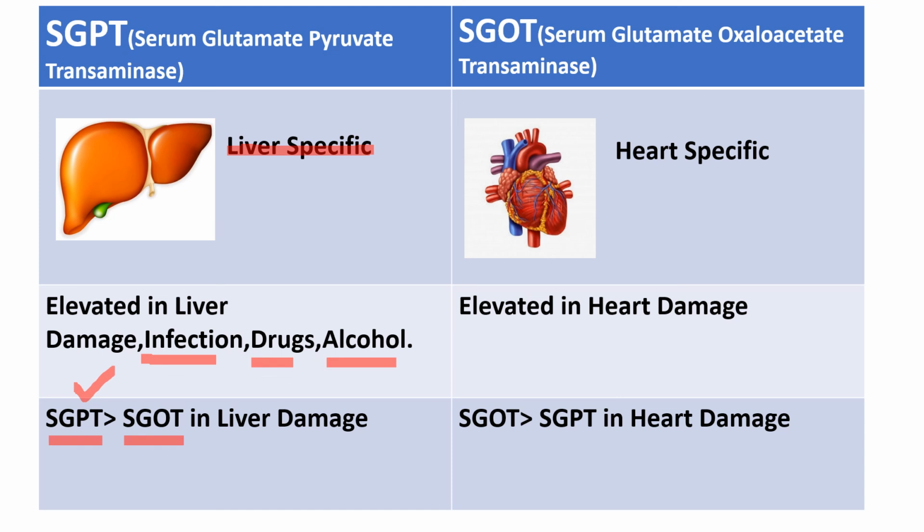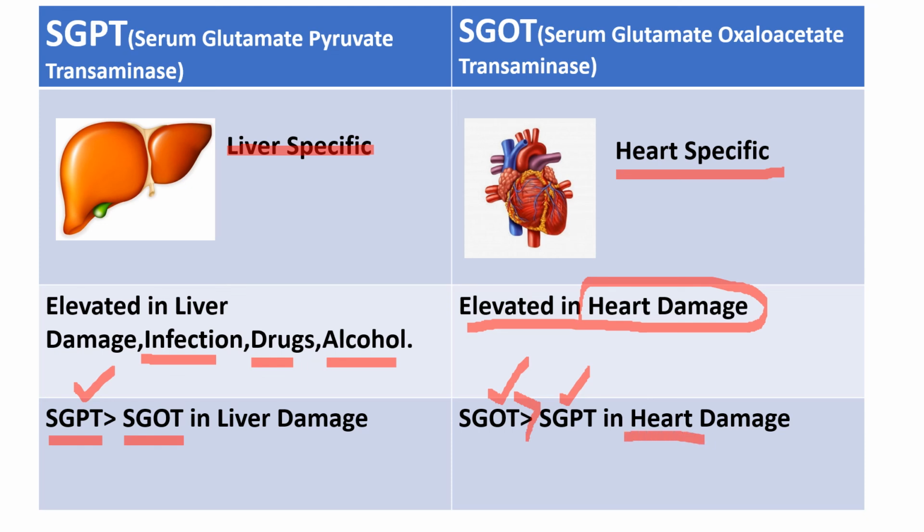Similarly, if the patient is suffering from myocardial infarction, or whenever there is damage to the heart, there is a release of the enzyme SGOT, the serum glutamate oxaloacetate transaminase. This enzyme comes into circulation from the heart, and it is a heart-specific enzyme. SGOT and SGPT are both elevated, but the concentration of SGOT is higher than SGPT.